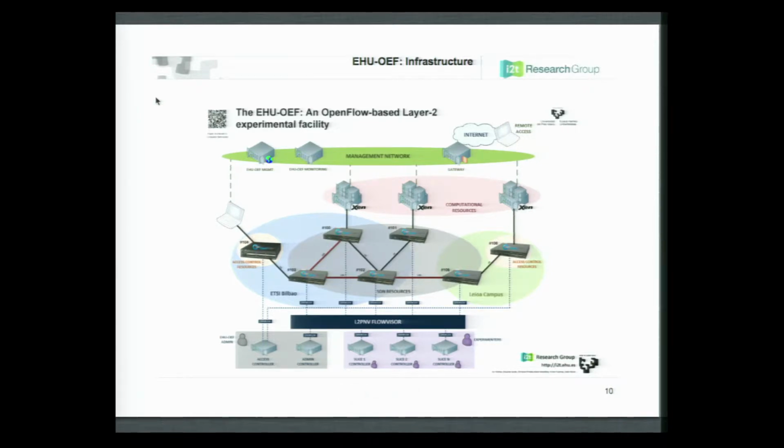If we take a look at how the machines are deployed, this is perhaps not the latest infrastructure. This was the infrastructure we had when we presented this at GloveCon and at ONS. We have two access switches, which are the switches that enforce the access to the infrastructure.